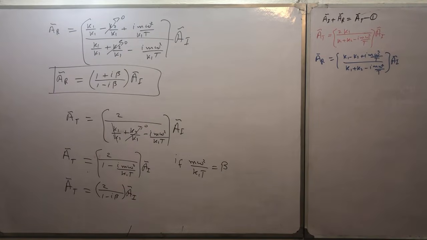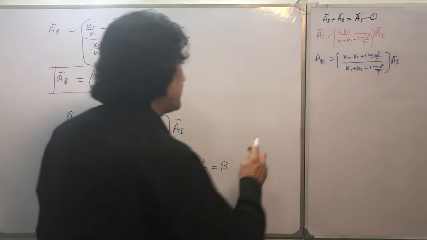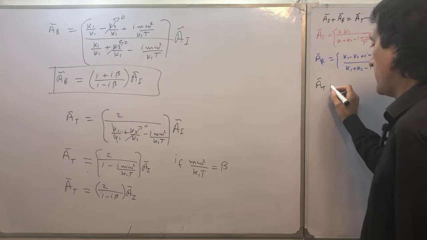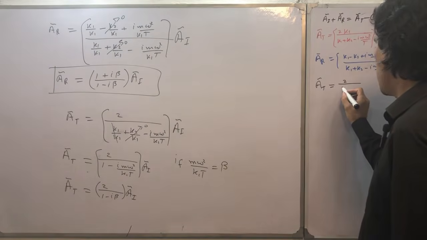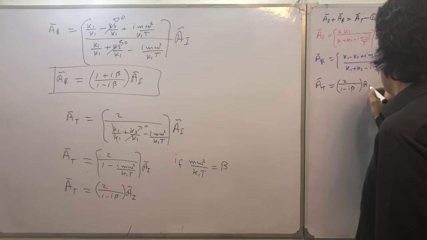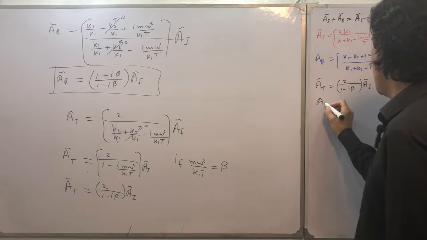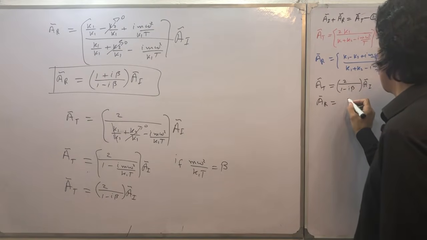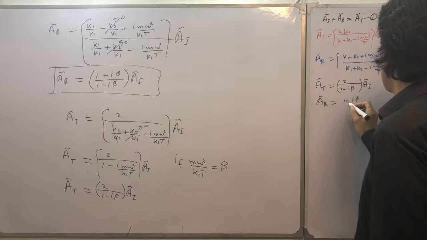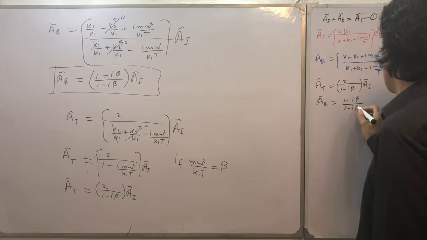And now we have this AT, which is equal to 2 divided by 1 minus iota beta, AI, and AR, which is equal to 1 plus iota beta divided by 1 minus iota beta, and AI.